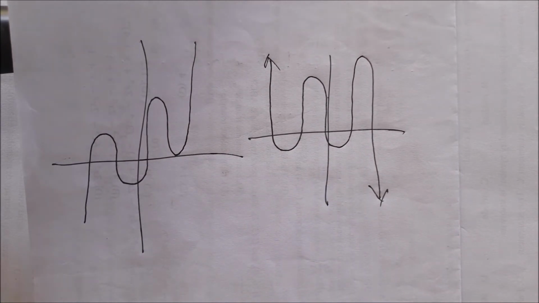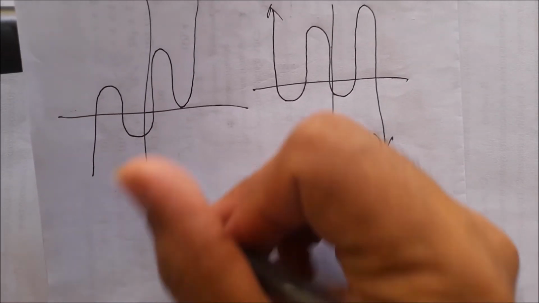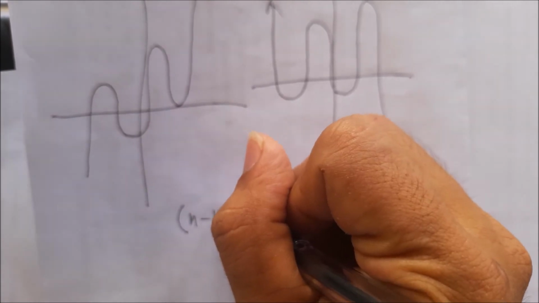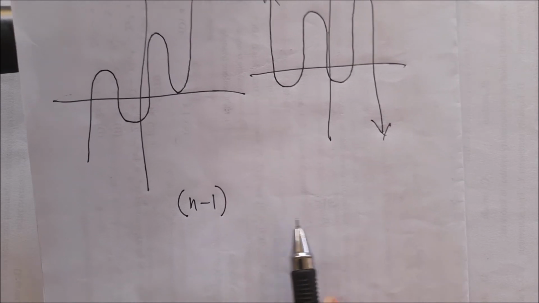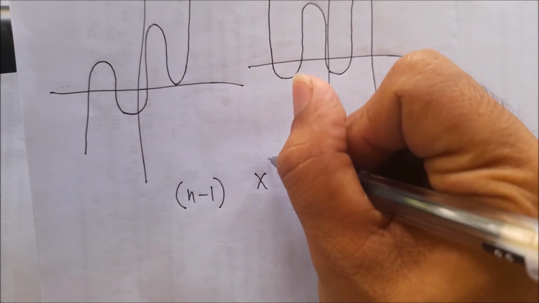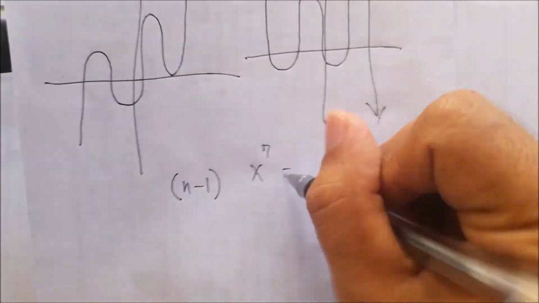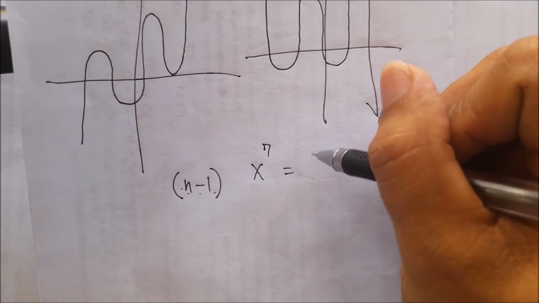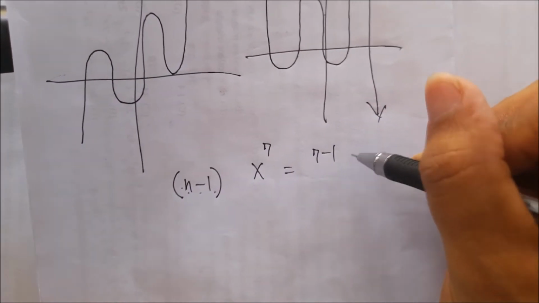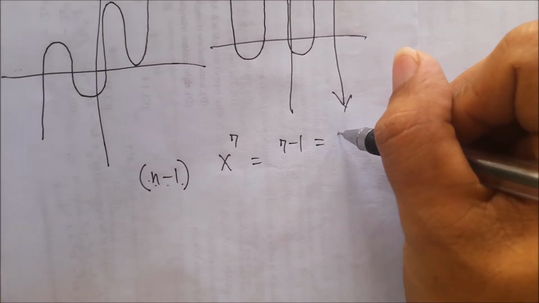A polynomial function of degree n has at most (n minus 1) turning points on its graph. If n is 7, since the number of turning points is n minus 1, 7 minus 1, the turning points is 6.